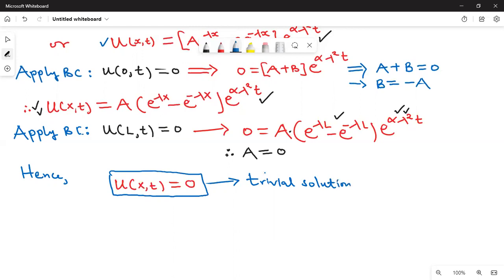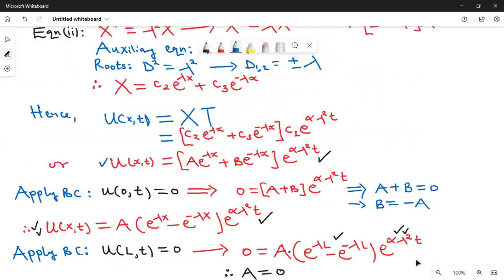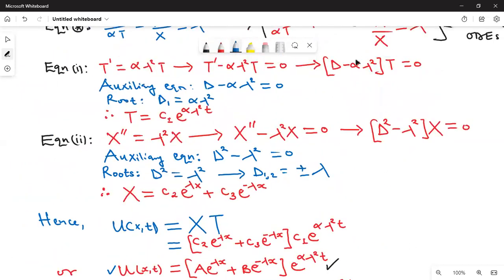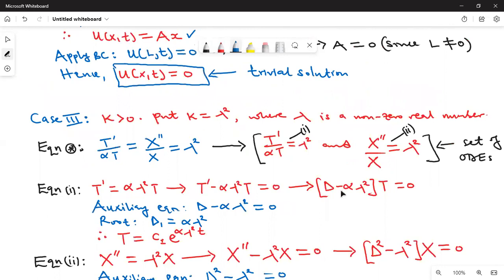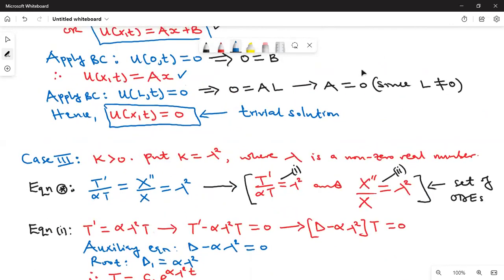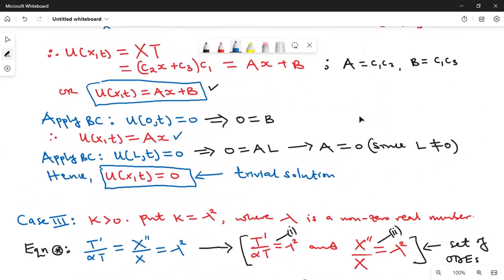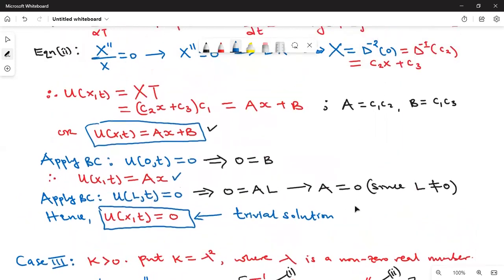So what we realize from our analysis is that the two cases, case 2 and case 3, lead to trivial solutions. It is only case 1 that will give us a non-trivial solution. And so that is the solution of the given PDE. So when you are solving such kind of equations, always take note that you don't even need to show me that case 2 and case 3 will give us trivial solutions.